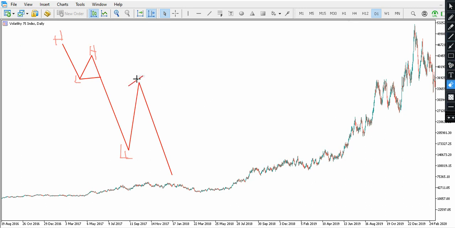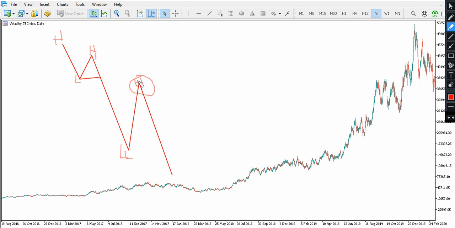Now this here will be our failed market structure right here. Then this should be just a normal high, not a higher low, not a lower high. So this will be our failed market structure. Why?